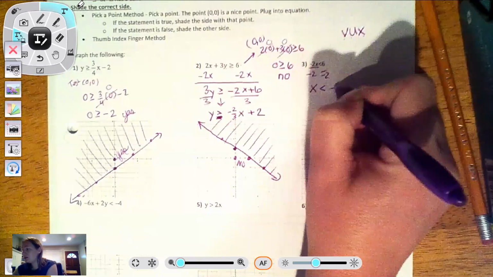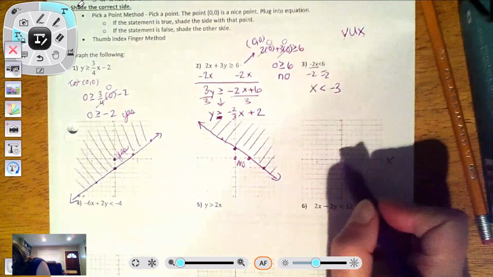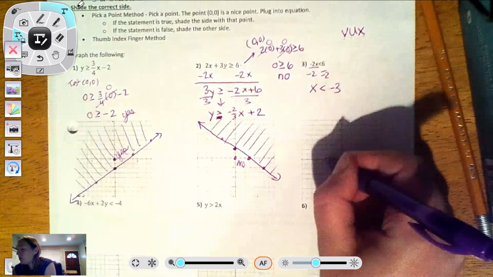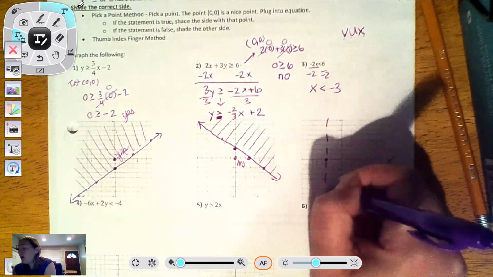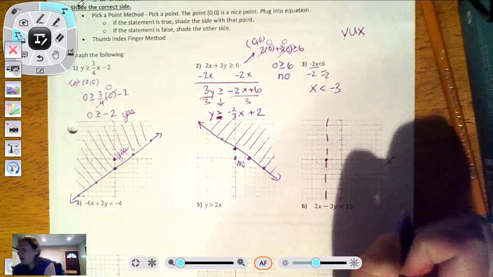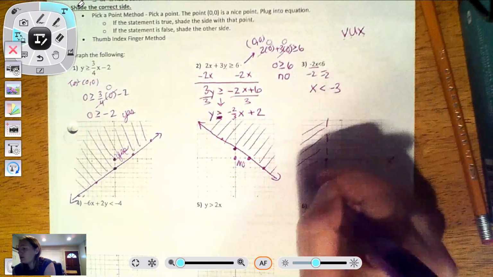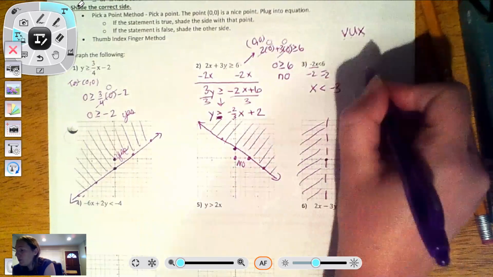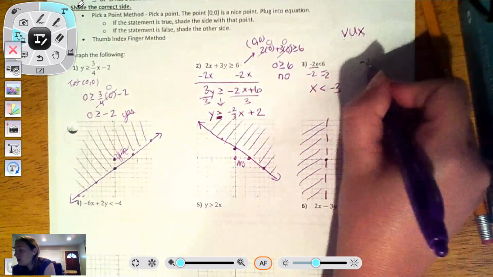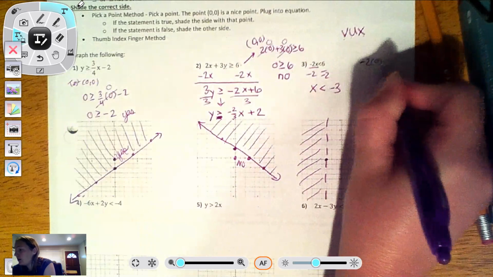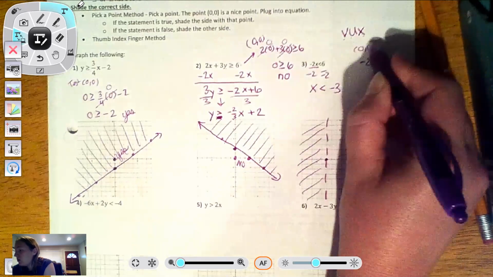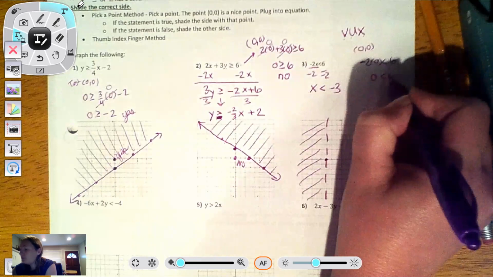This is your x-axis, go to -3. We want everything less than that. So we don't want it itself, so I'm going to use a dashed line this time. And everything where the x's are less than -3. Or you could have tested a point by plugging in 0, 0, which really you can only plug in the 0 because you only have an x. Is 0 less than 6?